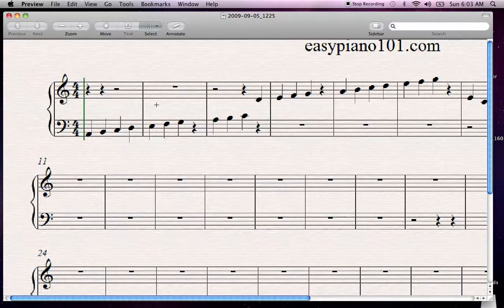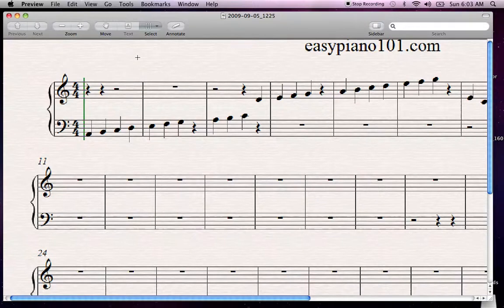The low number is also a 4 now. Tells you there are 4 quarter note beats in every measure.